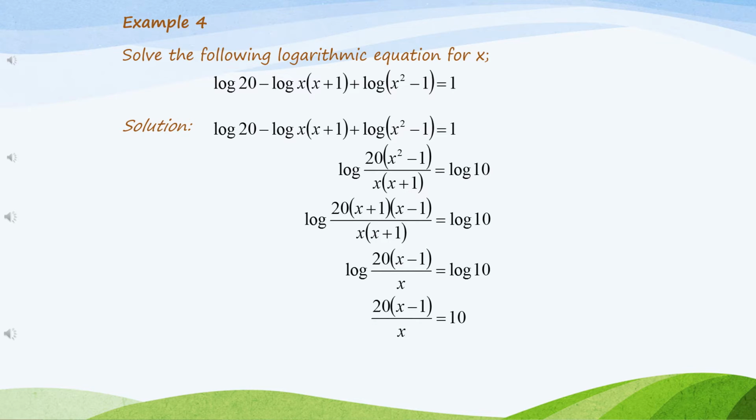Then, factorize x squared minus 1 equals x plus 1 times x minus 1, and simplify the expression before comparing both sides of the equation. Next, expand 20 times x minus 1, and multiply both sides by x. So we get 20x minus 20 equals 10x, and finally solve the equation. Therefore x is equal to 2.